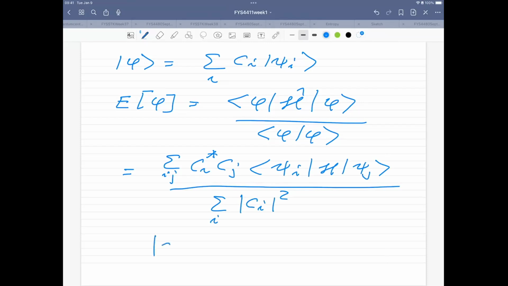And also, since we are assuming that this is an orthogonal and normalized basis, the sum over the c_i squared has to sum to 1. So the denominator sums to 1. And then we know that this quantity here is just simply delta_ij multiplied with E of i, because these states which you have here are eigenstates of H. Okay?